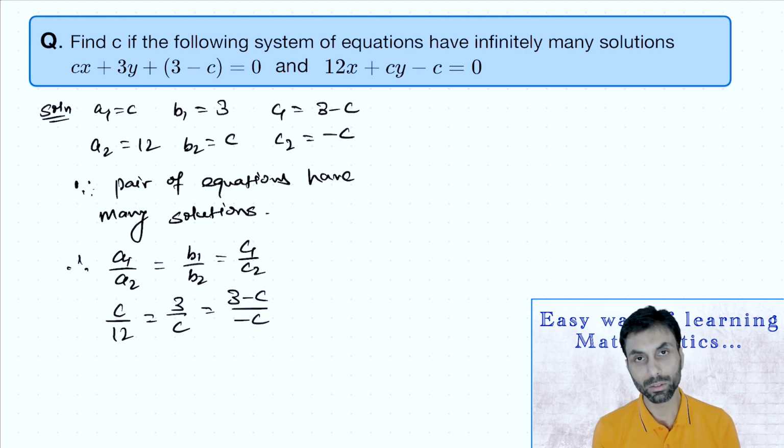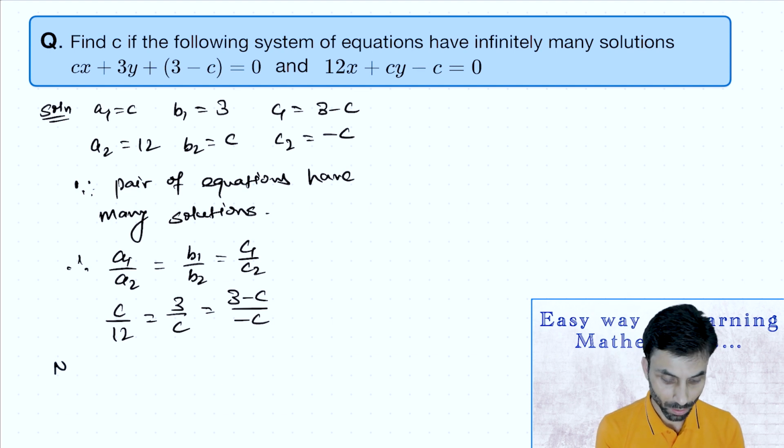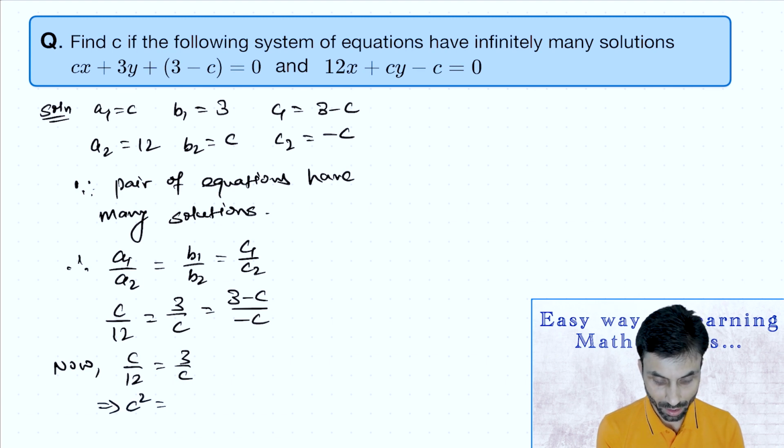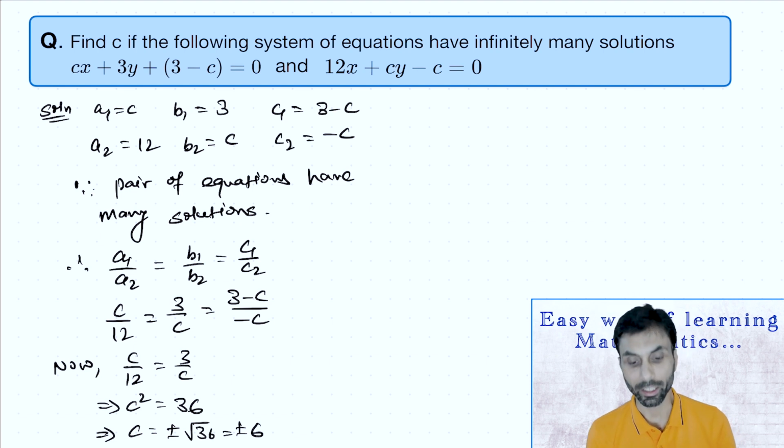Now solving two at a time, we'll get C upon 12 equals 3 upon C, which means C square is 36, and so the value of C will be plus minus root 36, which is plus minus 6.